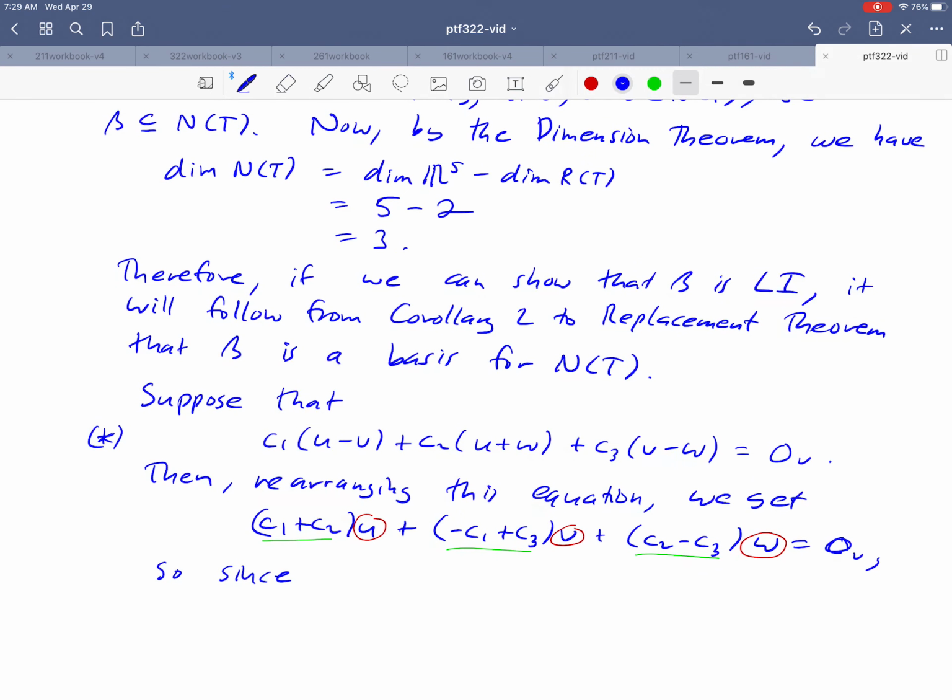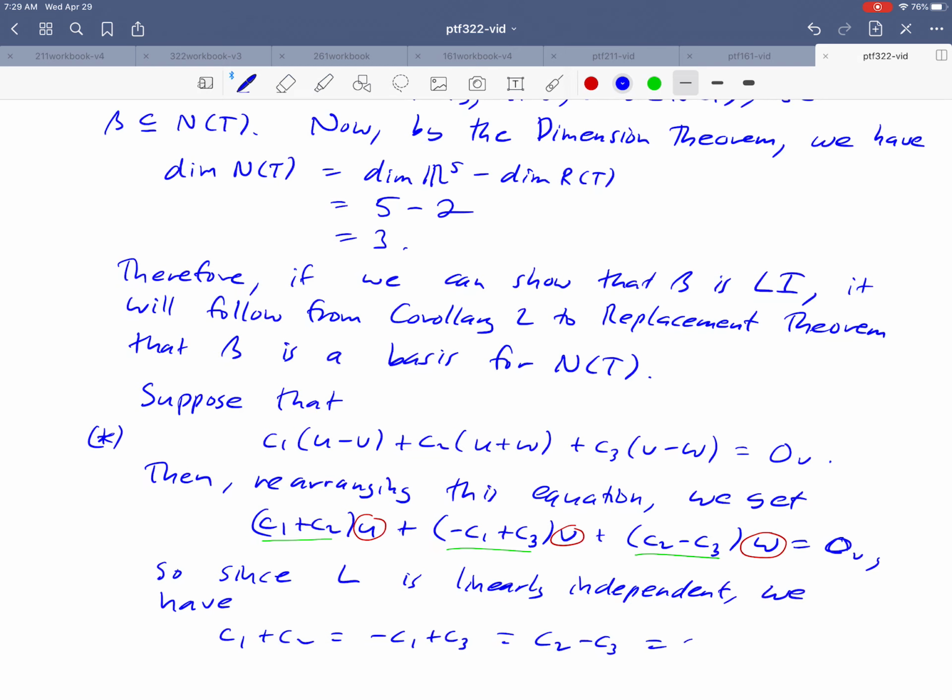I believe we called it L. So since L is linearly independent, C1 plus C2, negative C1 plus C3, and C2 minus C3 all have to be 0.